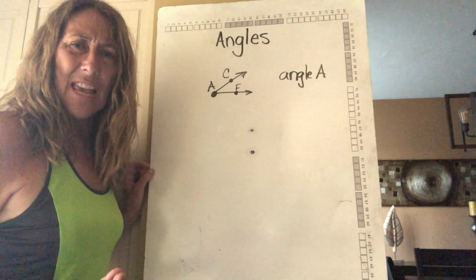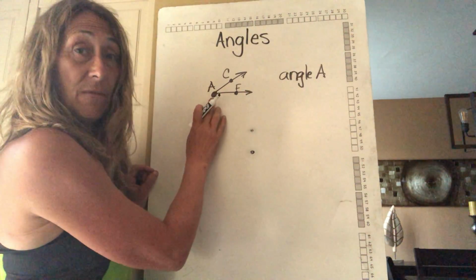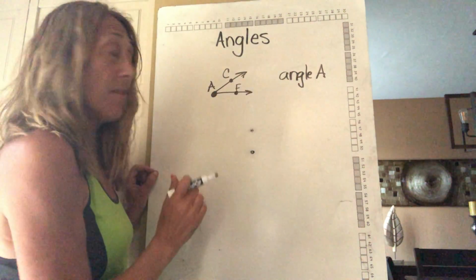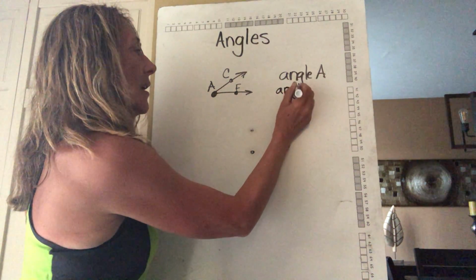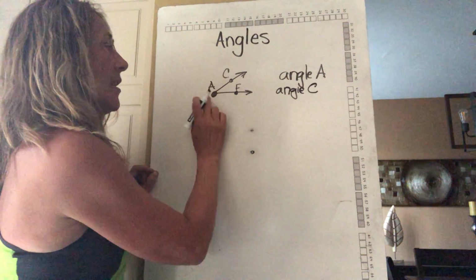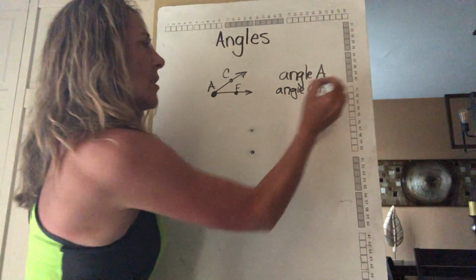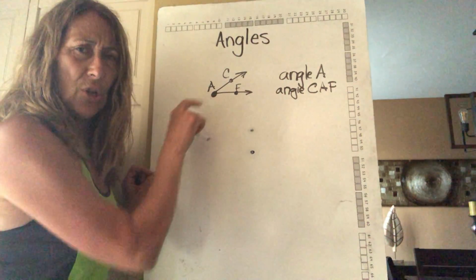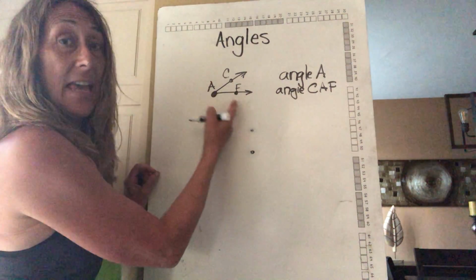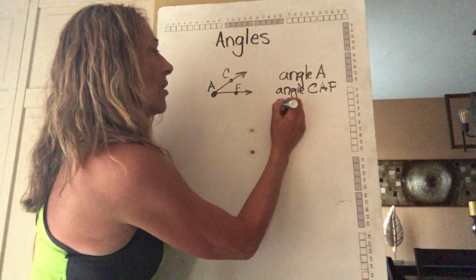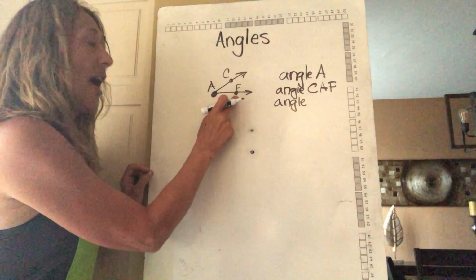So then I could give this angle another name. If I'm not calling it just by the vertex where the two rays come out of, I have to start up at the top and call it angle C, then I go to my vertex, A, F. So I could call that angle A if I was only going to use the vertex, or I could call it angle CAF, or I could give it one more name, because I could go backwards and call it angle FAC.